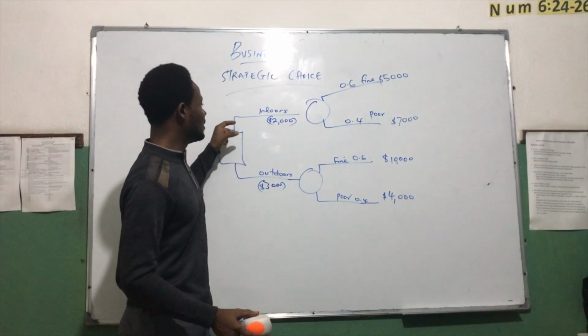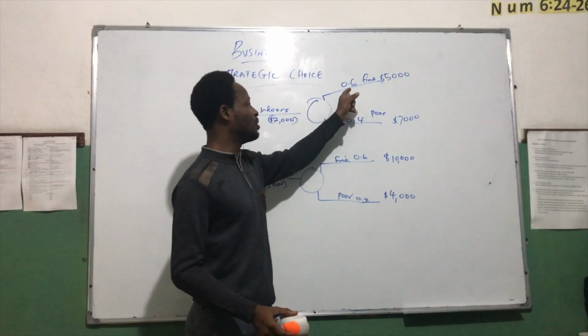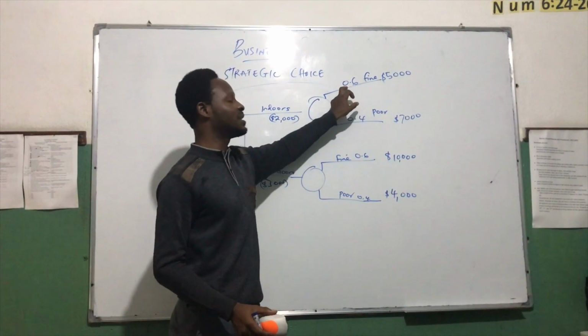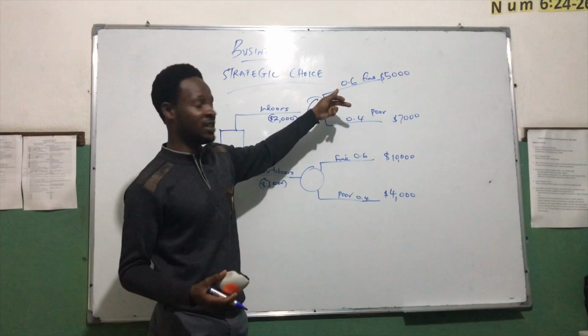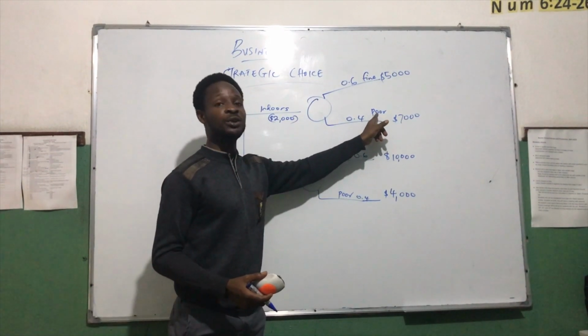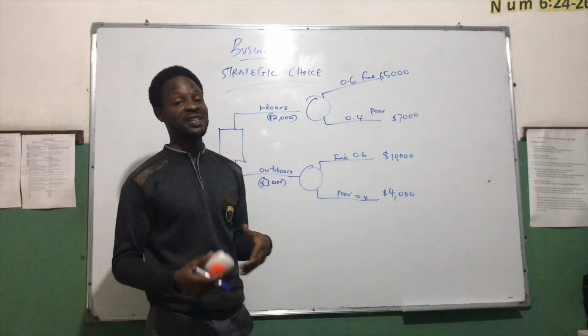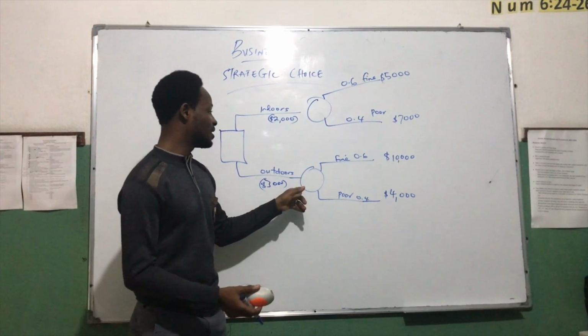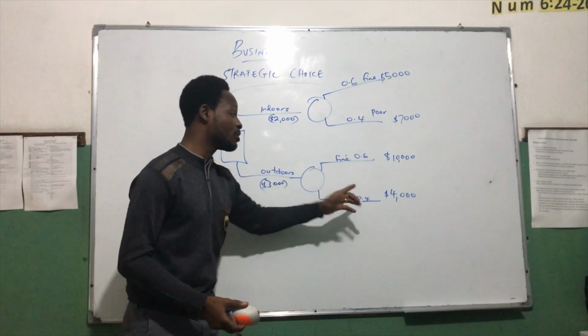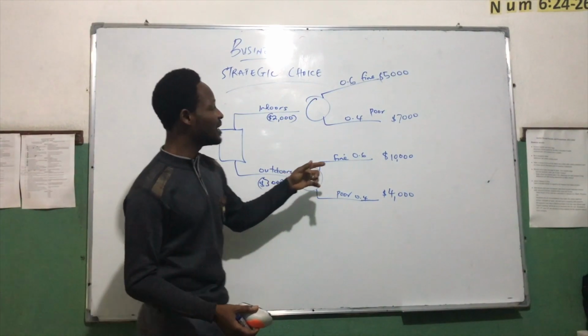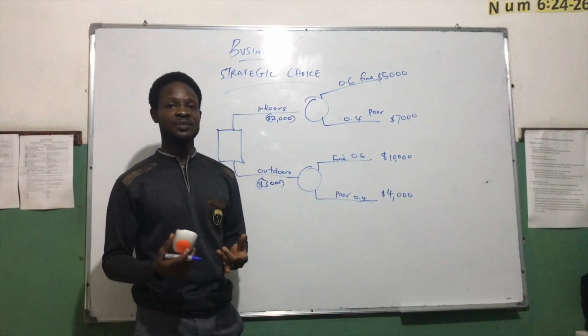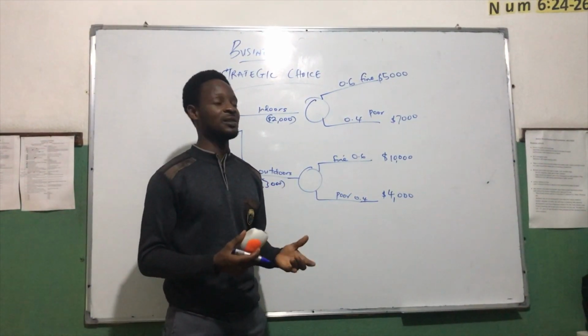So, for the indoor option, the chance that weather will be fine is 0.6, that's 60% possibility. That weather will be poor is 0.4, that's 40% possibility. The probabilities, 0.6 and 0.4, don't change. But the expected returns are what we want to look at.